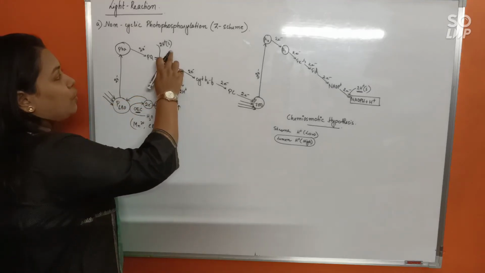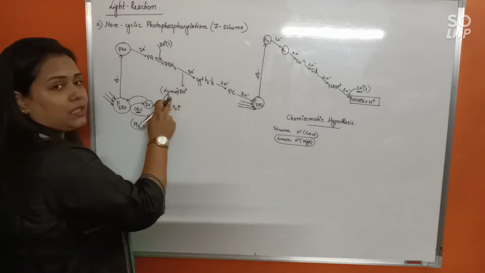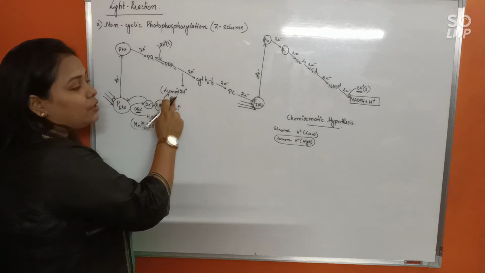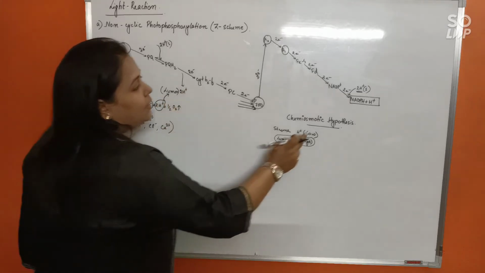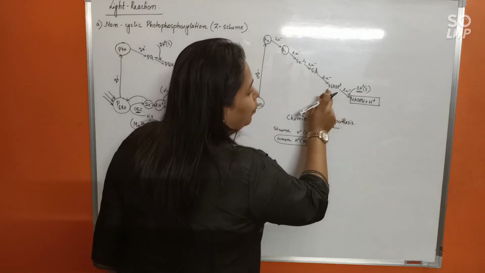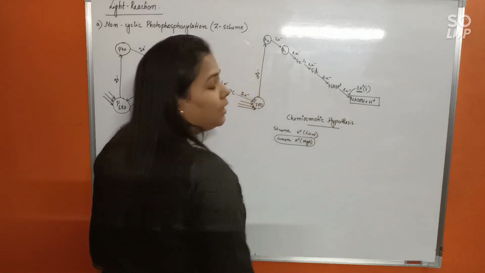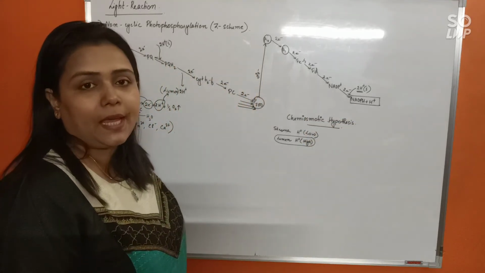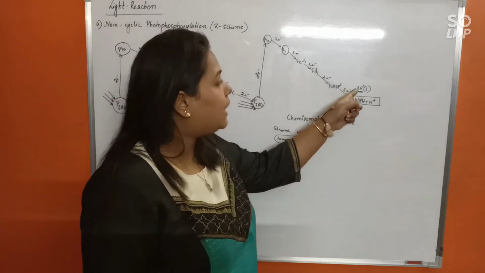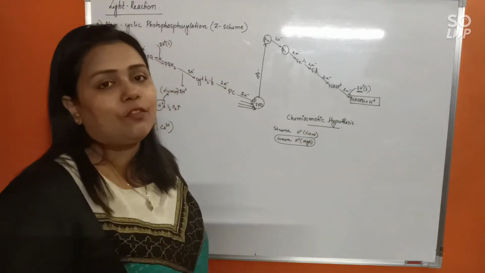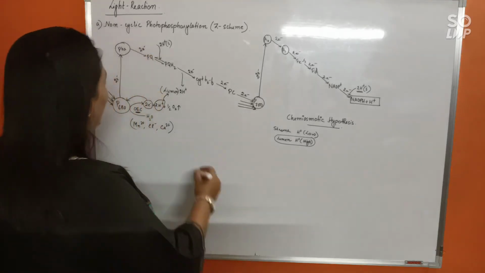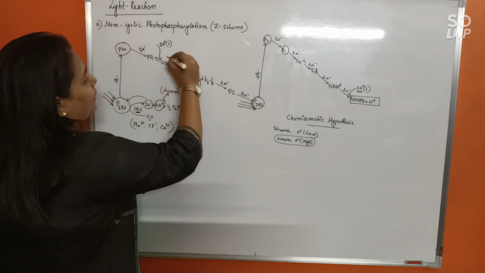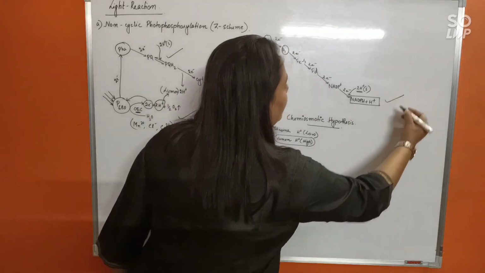So proton in the stroma is reducing and in the lumen it is increasing. Finally, this is the last step. Here, when NADP+ is getting converted to NADPH + H+, at that time 2 protons are being taken from the stroma, right?